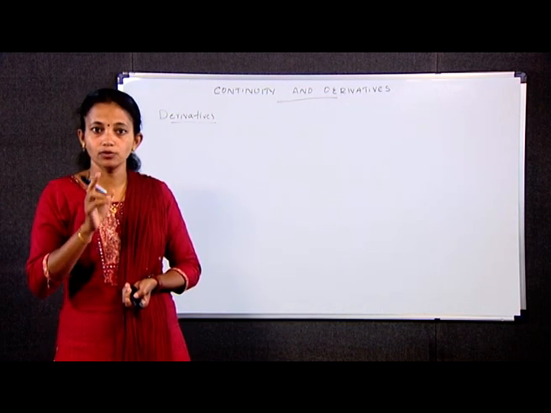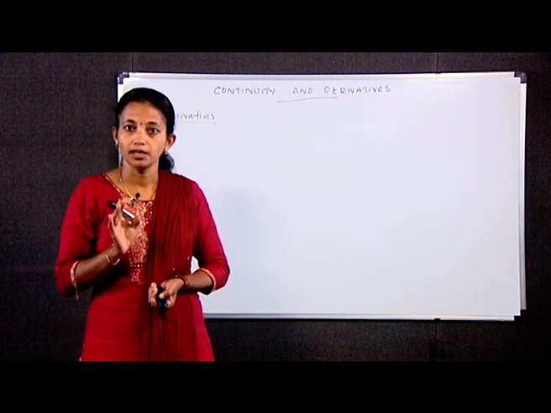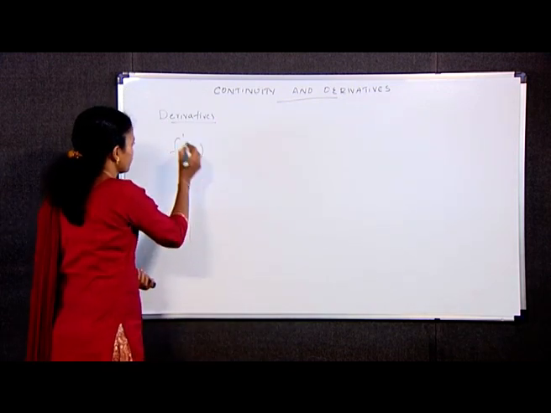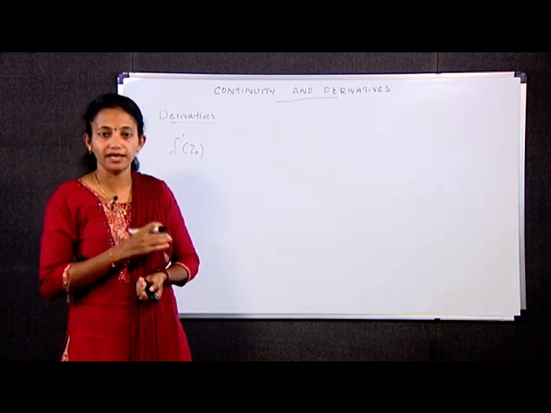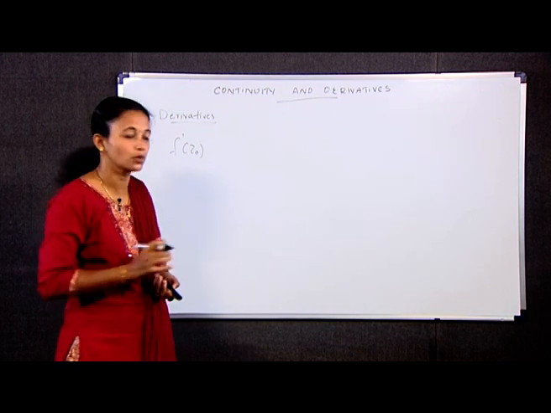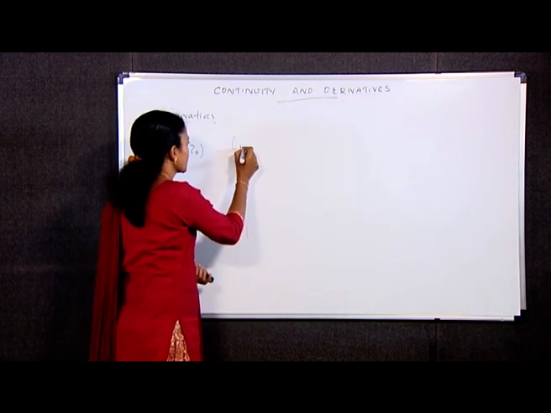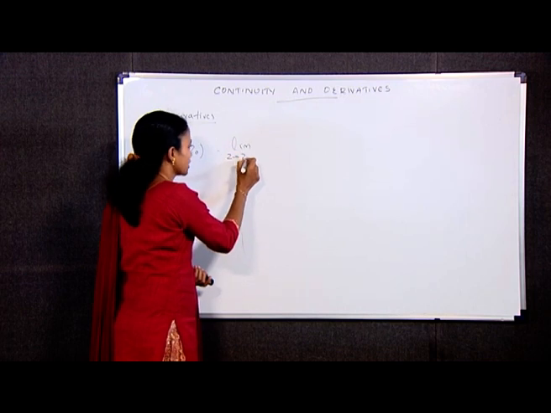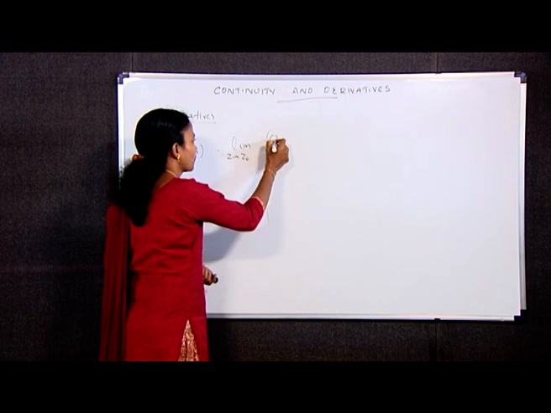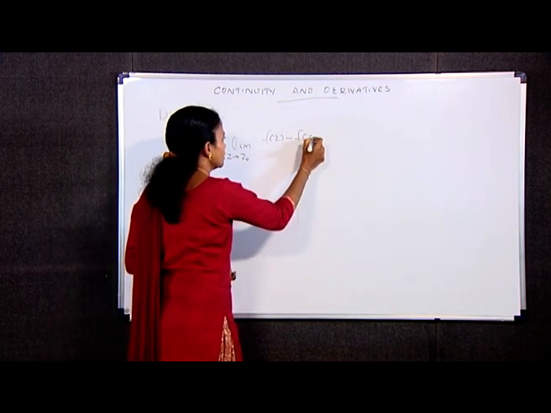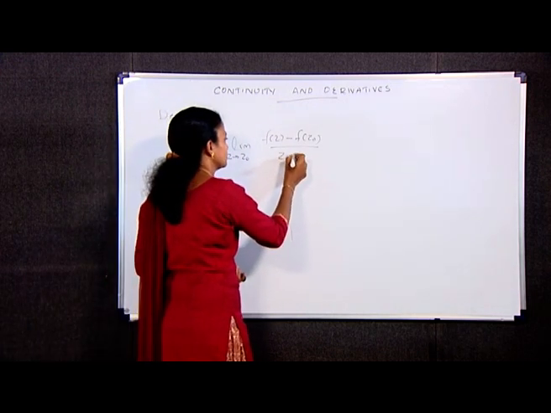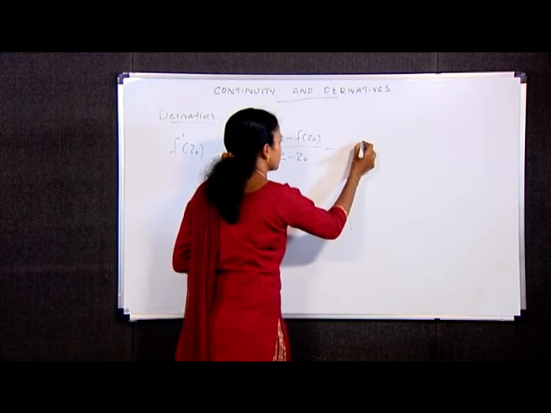The derivative of f at z0, written f dash z0, is defined by the equation f dash of z0 is equal to the limit as z tends to z0 of f(z) minus f(z0) divided by z minus z0. Mark it as equation number 2.